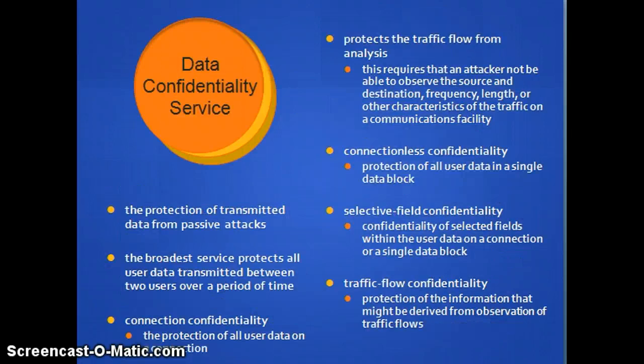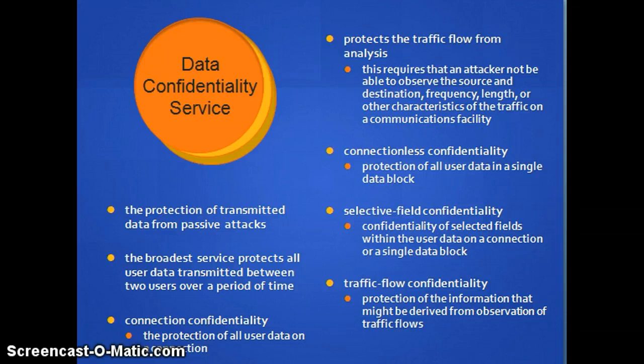Let's go here with the data confidentiality. Data confidentiality means that we're looking for encryption and decryption. We would like the protection of transmitted data from passive attack. We will see what's meant by passive attack, active attack, internal attack, and external attack.